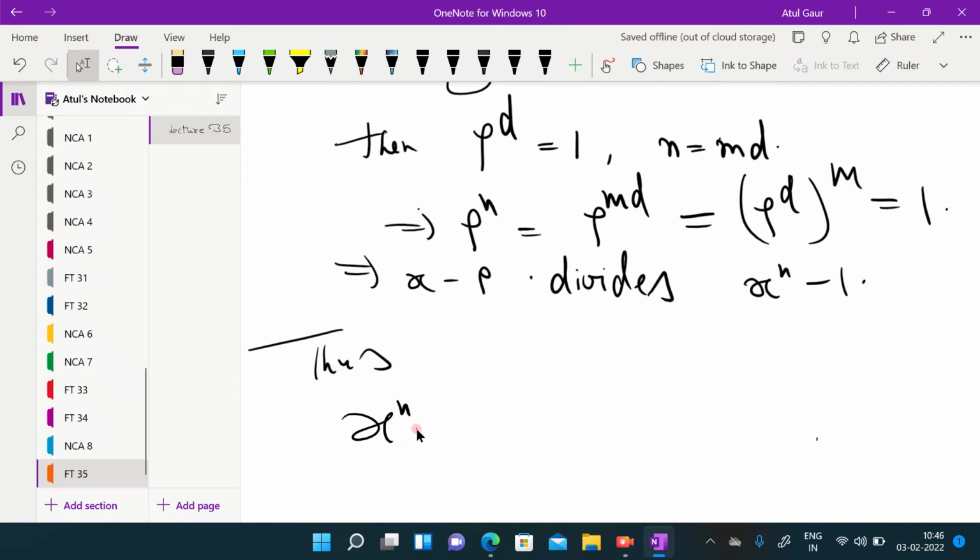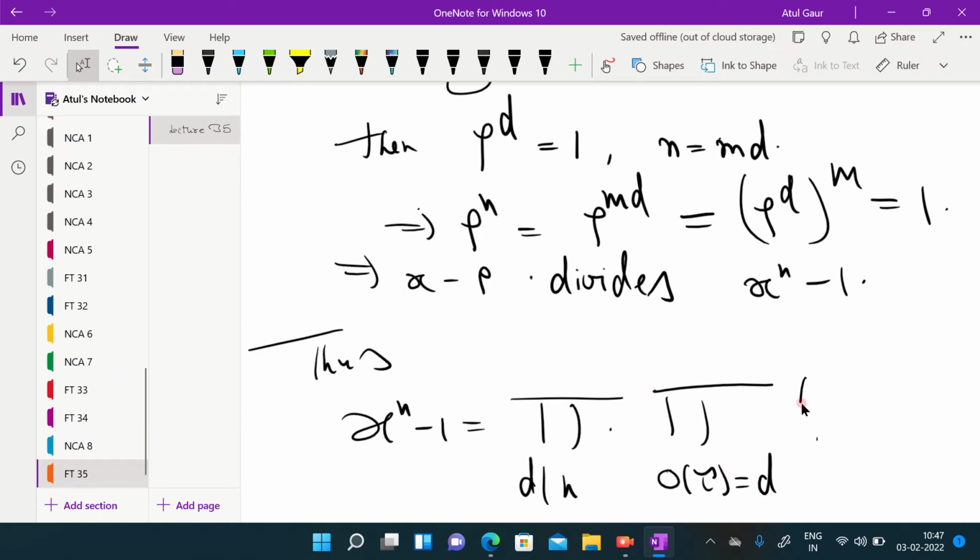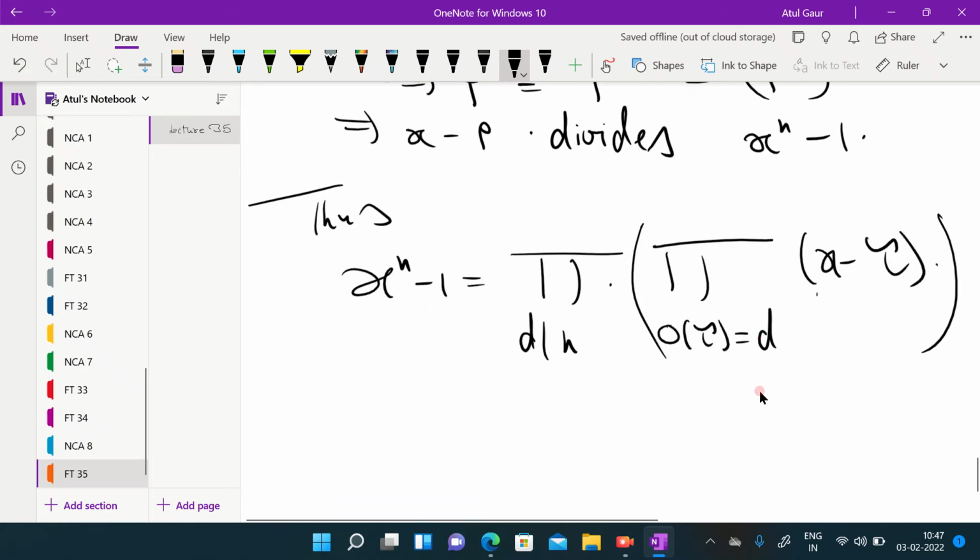So we have the equality. Thus, this is product over d divides n, product over order of tau is d, of x minus tau. But this expression you know what it is? Yes, what it is?